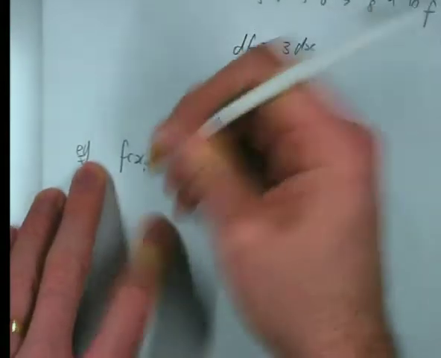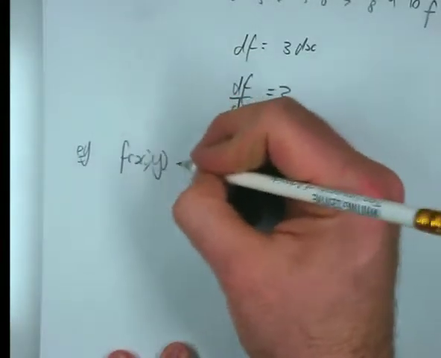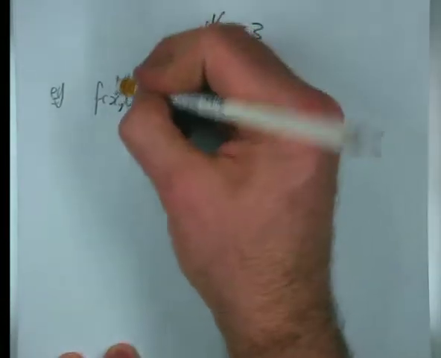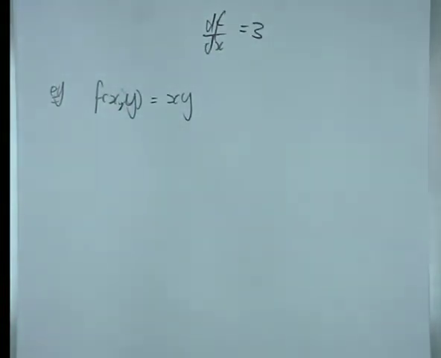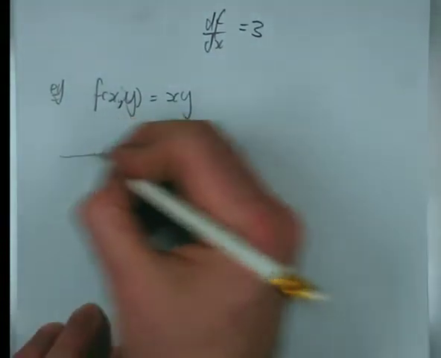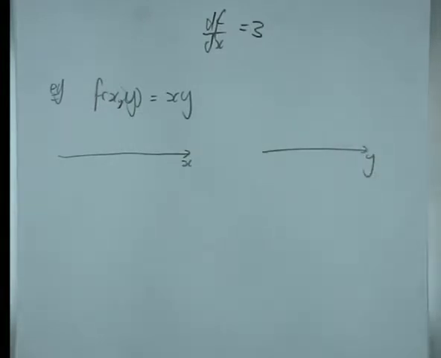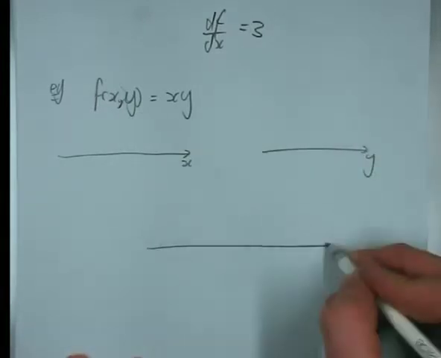I'll have a function of 2 variables this time. f of x, y is x times y. So this time I've got an x here and a y here, and together they produce this outcome.